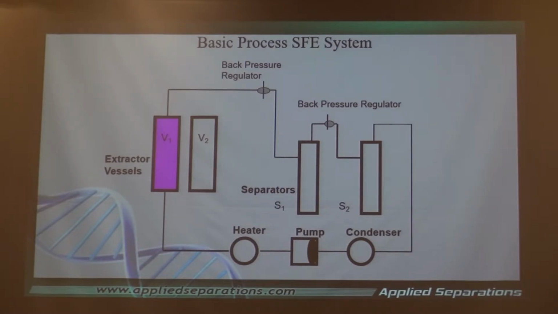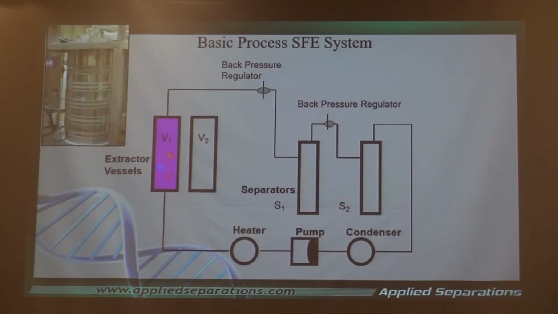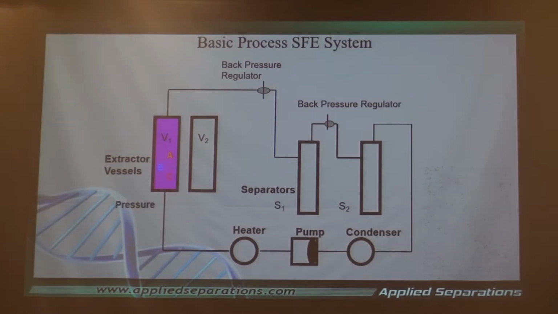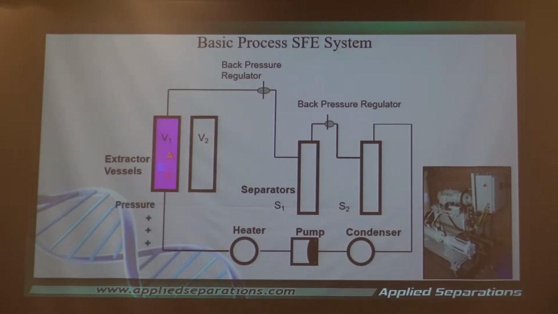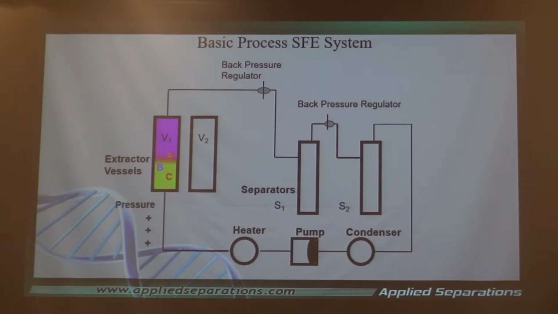Let's use a practical example, as this is the system that is in the paper. Let's say we have compounds A, B, and C in a pressure vessel. We start up the pump, we bring it to a high pressure. We see at this particular pressure, compound A still is not soluble.